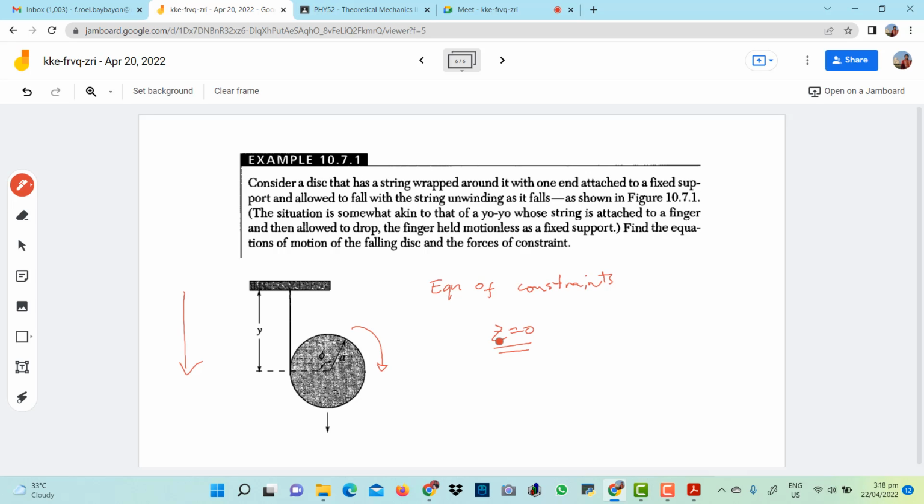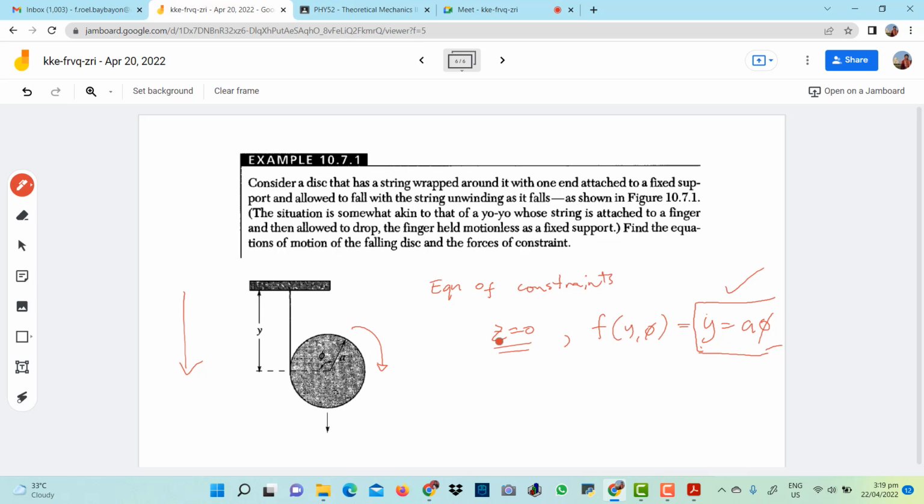You cannot get any information from the constraint z equals 0, you cannot do anything about it. So I only consider this one.